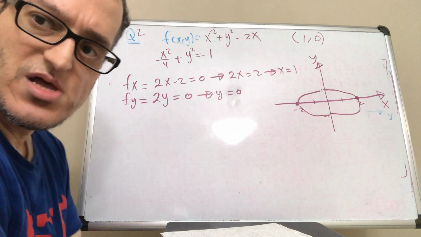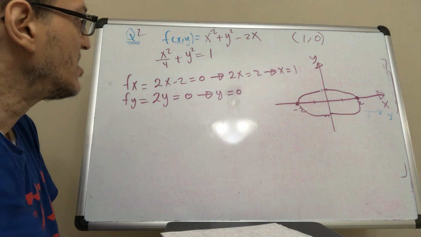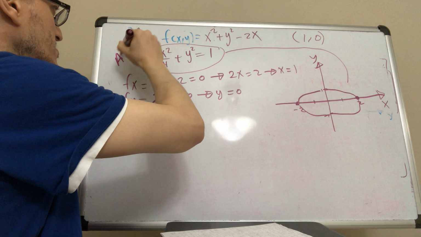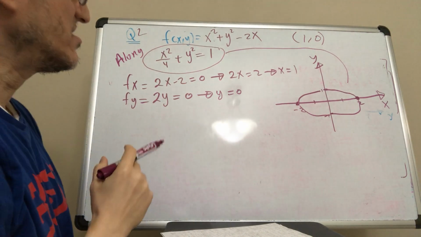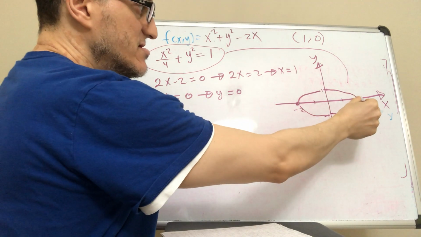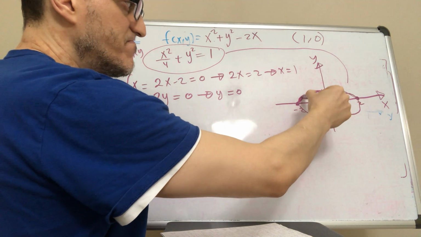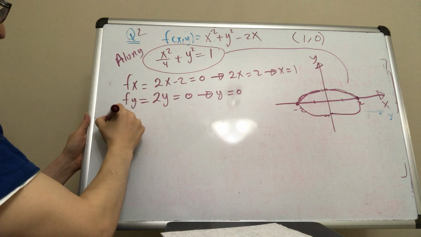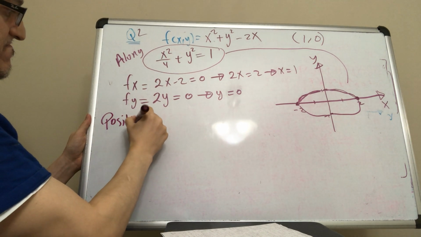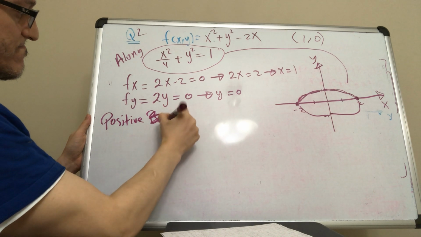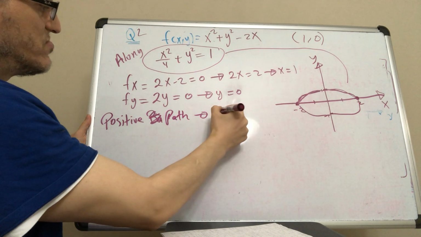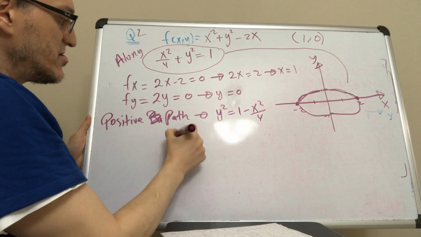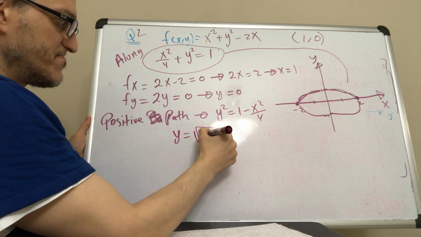Now we do the critical along the line. Along the line, this is the curve. There are two paths, you can look at it. You have the positive path and the negative path. If you do the positive path, it would be y squared equals 1 minus x squared over 4, so you take the positive root.